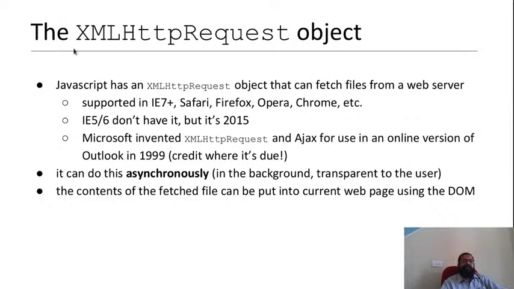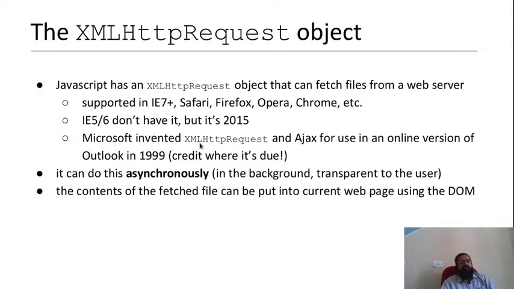There is an XML HTTP request object that JavaScript has, which can fetch files from a web server. It is supported in Internet Explorer 7 plus, Safari, Firefox, Opera, Chrome, etc. Internet Explorer 5 and 6 don't have it, but the later ones do.